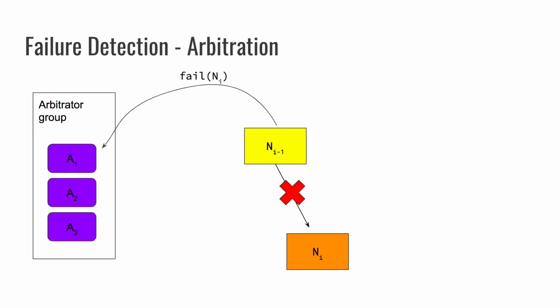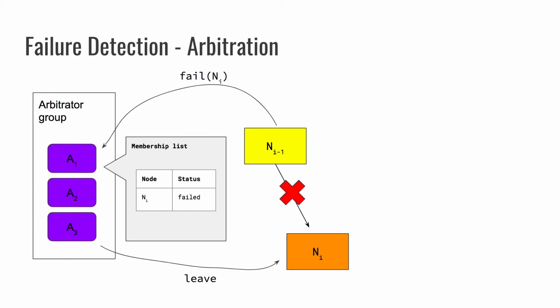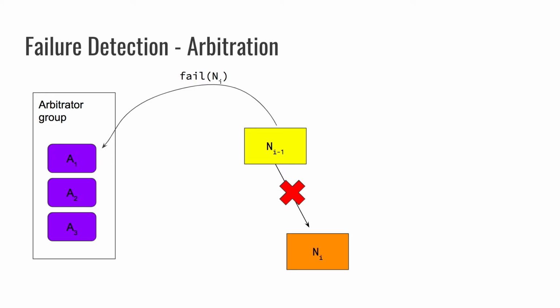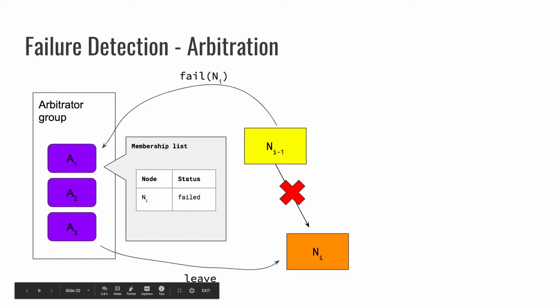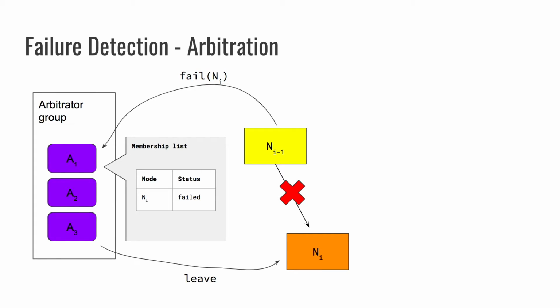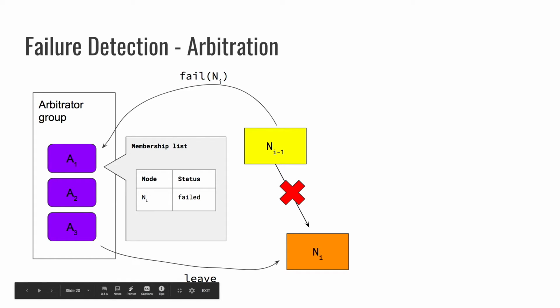In our example, the monitor detects the node as failed, so it sends a failed message to the arbitrator group. If the arbitrator group already has that node as failed, then it ignores that message and asks that node to leave again.